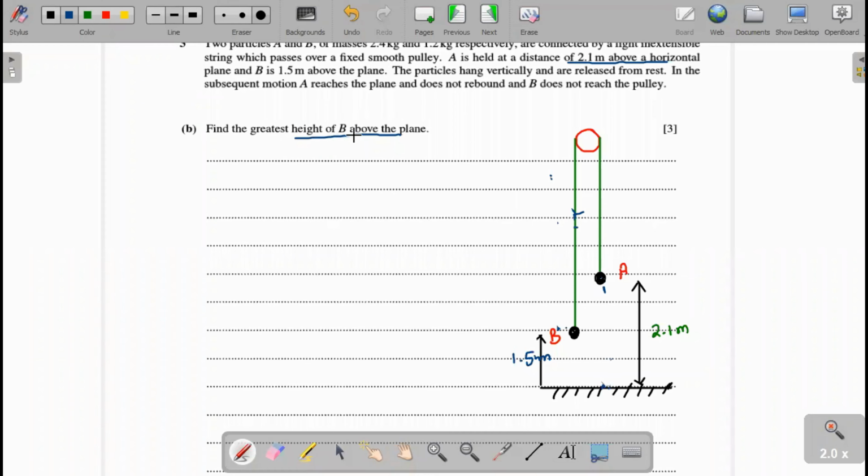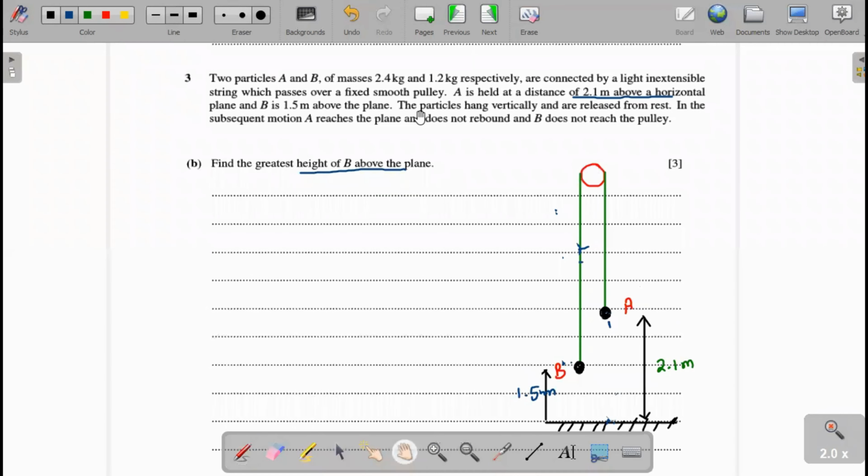To find the height of B above the plane, I form a figure here. I mention here the two particles A and B, and the particle A, as given in this problem, is 2.1 meters above the plane. I mention it, and particle B is 1.5 meters above the plane. Now for the height of B, we see that the particle B moves in the upward direction.